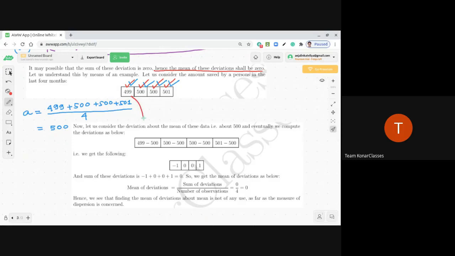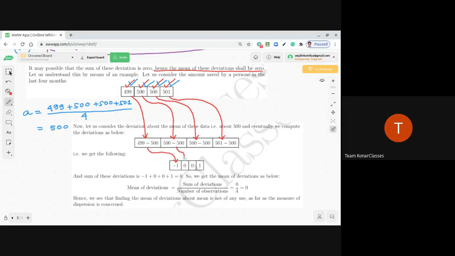For 499, this is the difference, 499 minus 500. For 500, 500 minus 500. For this 500, 500 minus 500. For this 501, 501 minus 500.